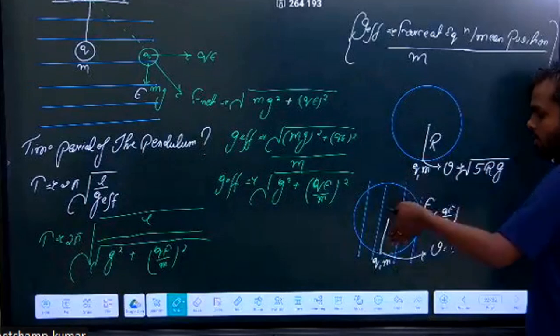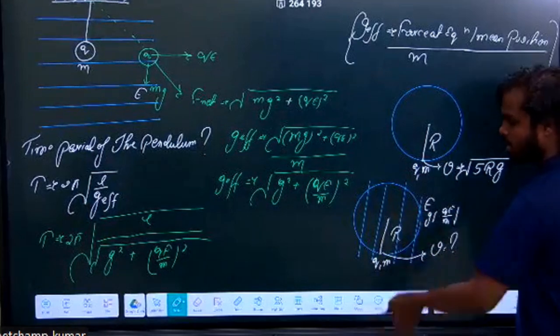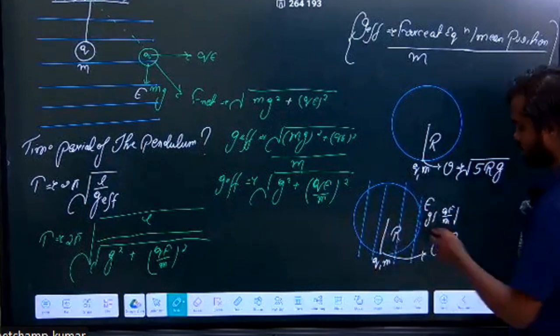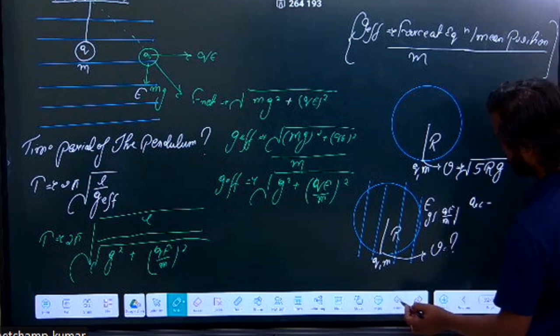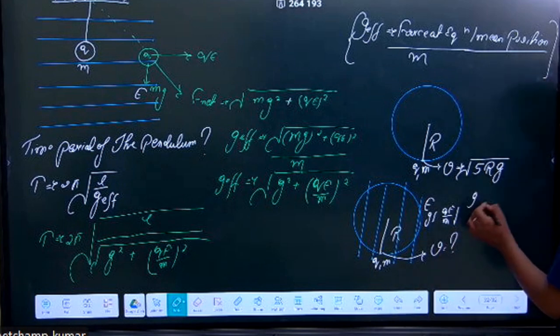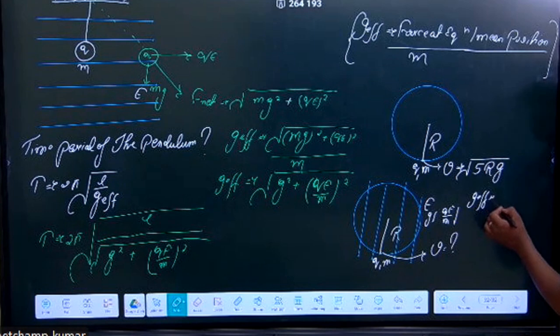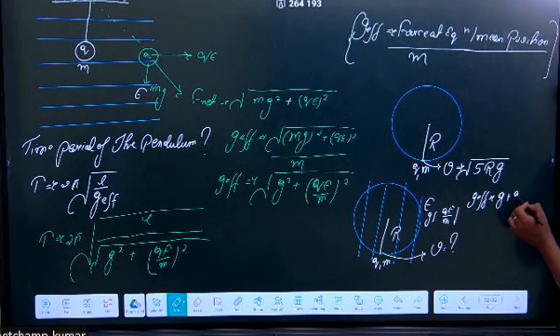So the electric field lines will apply the force in this direction, and g is also acting in this direction. So what is the net acceleration? What is g net, or g effective? g effective will be simply g plus qE by m.